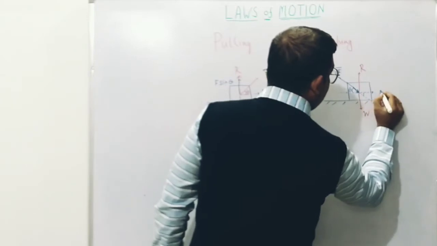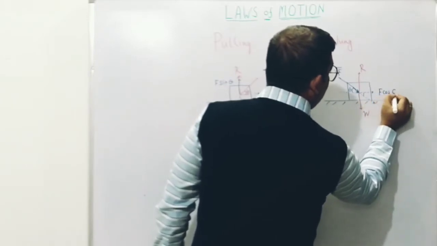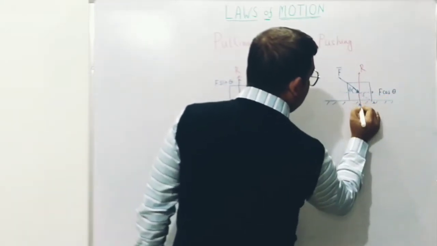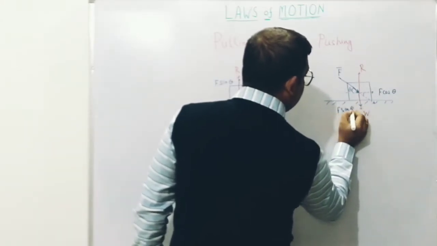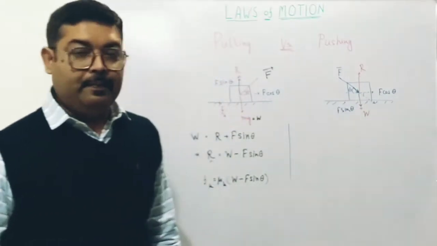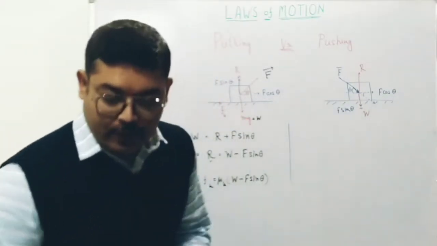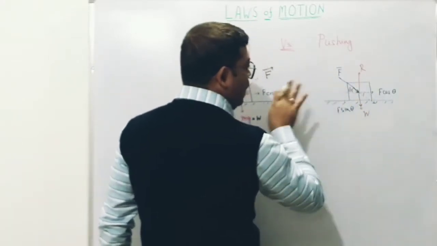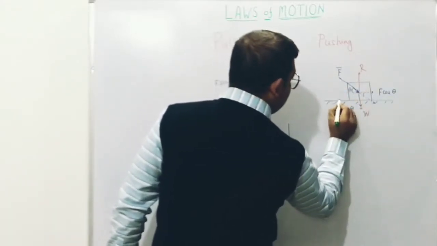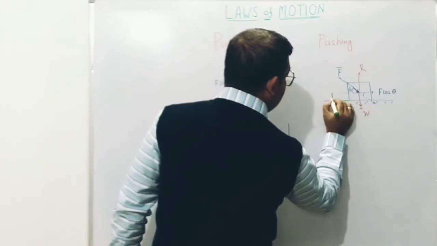This will be theta, so we have F cos theta in this direction, and there will be another component F sin theta perpendicular to the plane. The direction of the force of friction will still be, since the object is being pushed and moved towards the right, in this direction, that is Fk.